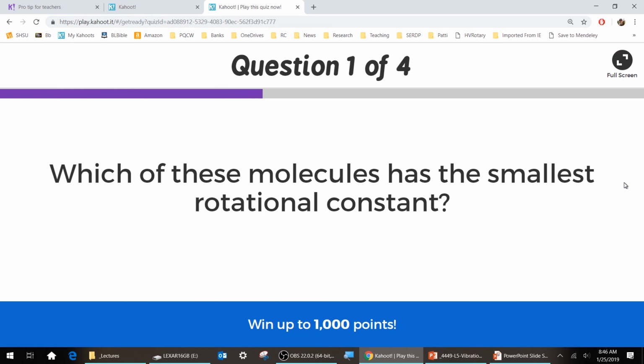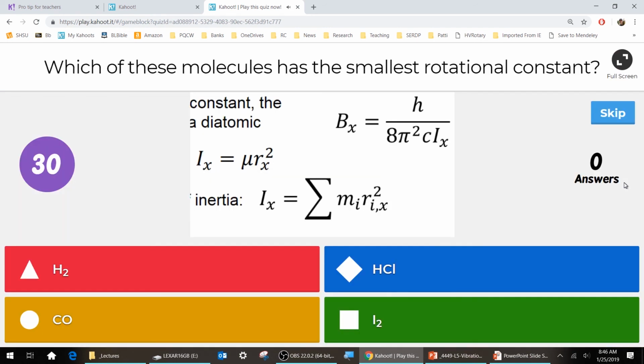Okay, which of these molecules has the smallest rotational constant? And all the equations are out there, so you shouldn't need to guess.